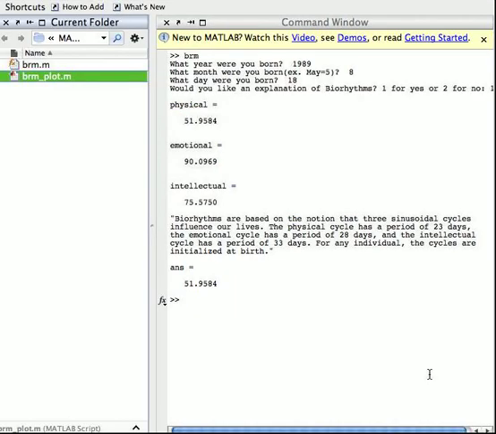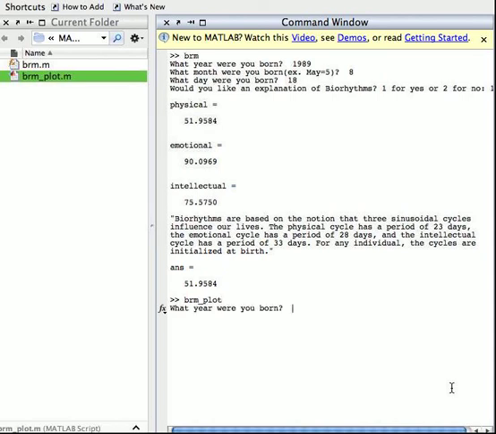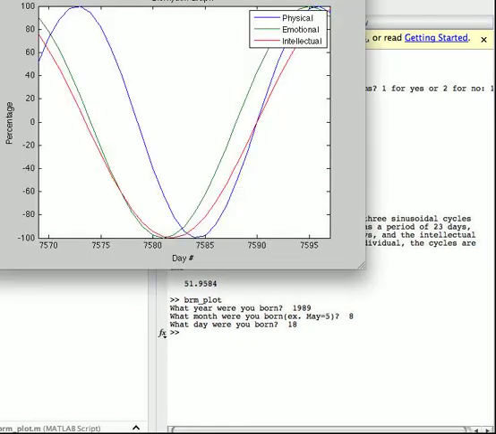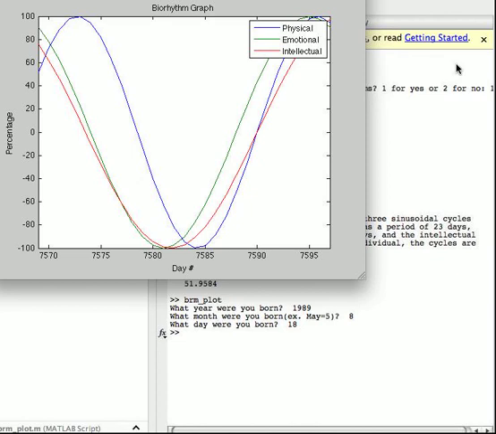Here is the script in action. You would type BRM underscore plot, press enter. You type in what year you're born, what month, and what day. And here is the plot. It has the title Biorhythm Graph, the day number, the percentage, and the legend.